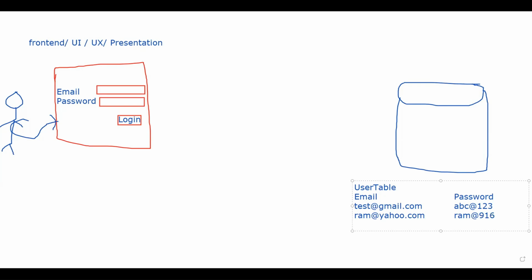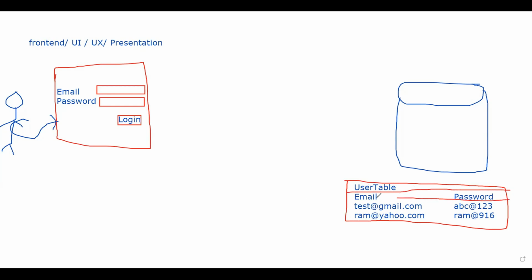Something like this. Here we will have the username and the password, where the user is nothing but a table, a user table, with columns like email and password.